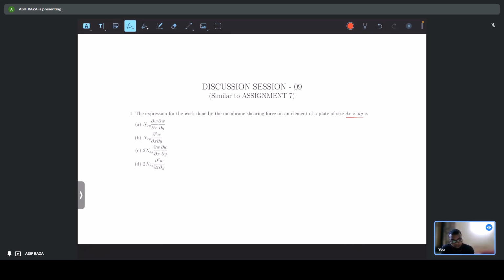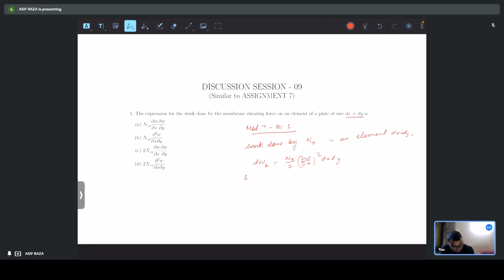As you have all studied in module 7 lecture 1, work done by membrane force Nx in an element dx by dy is given by the relation Nx by 2 (del w by del x) whole square dy. This is my work done.